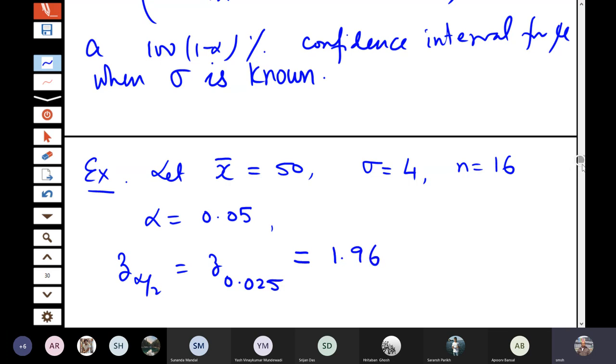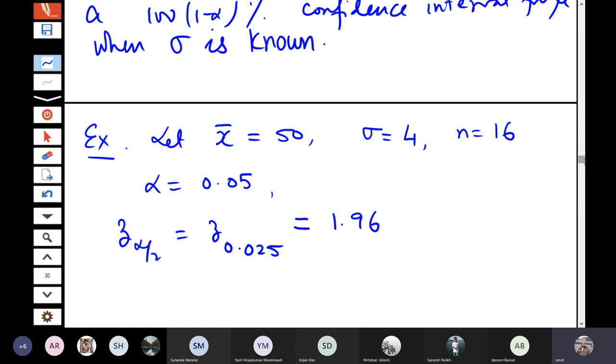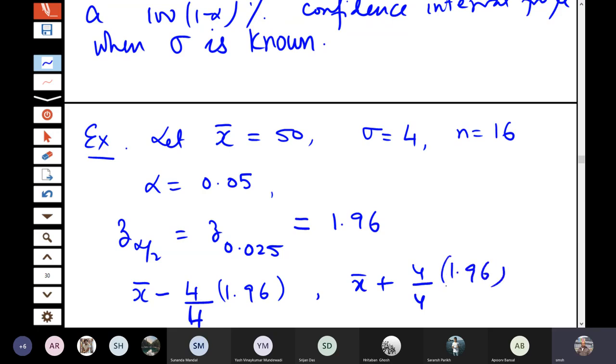Okay. So what will be the confidence interval here? X bar minus sigma by root n, that is 4 by 4, since I have taken n is equal to 16, times 1.96, to X bar plus 4 by 4 times 1.96.